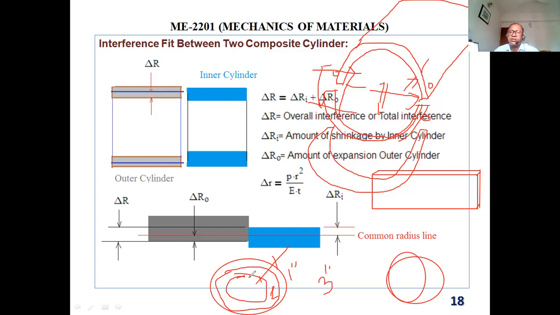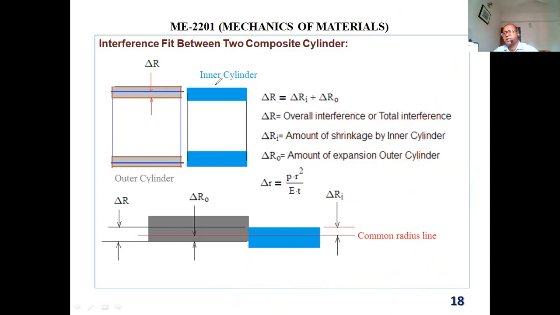That is called a composite or compound pressure vessel. If you use two different materials for outer and inner cylinder, that will be a kind of composite. But if you use the same material, you can say annular cylinder, or combined cylinder, right?